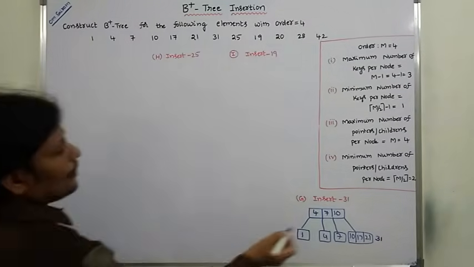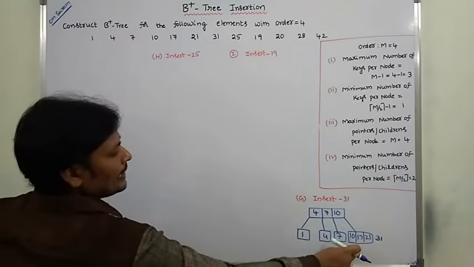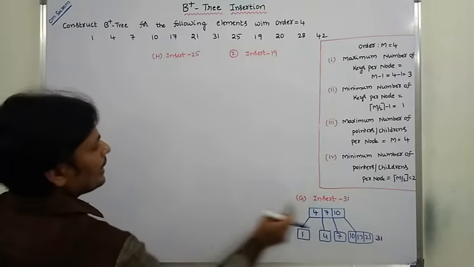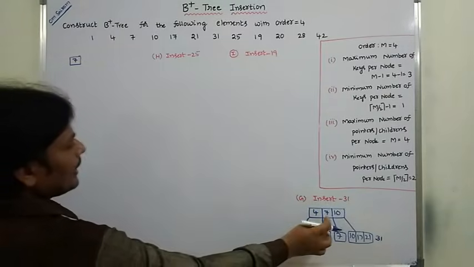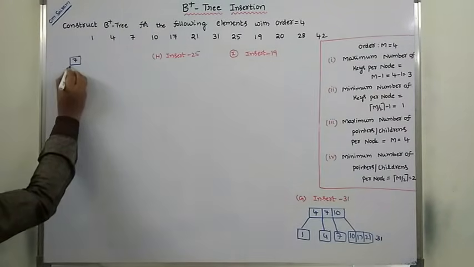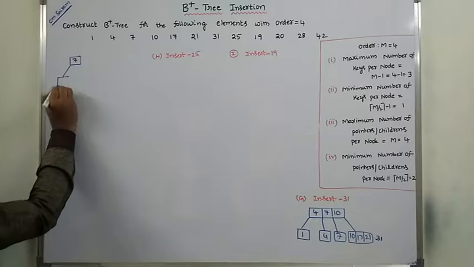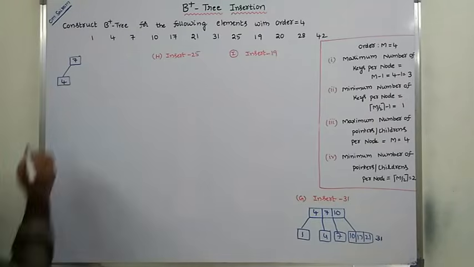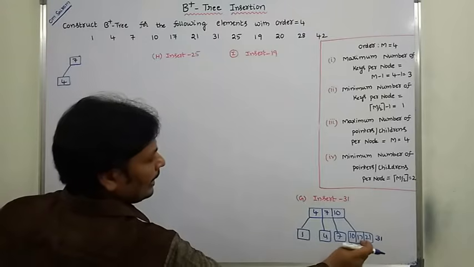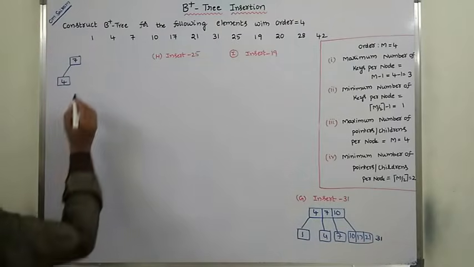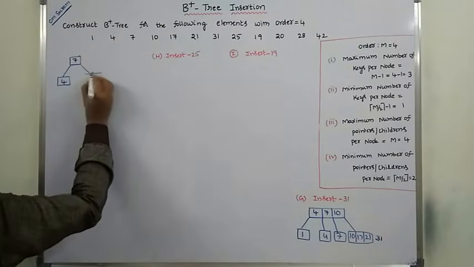After performing splitting at this node and at this node, 7 is taken as the root node. 7's left child is 4, and 7's right children are 10 and the middle element 17.